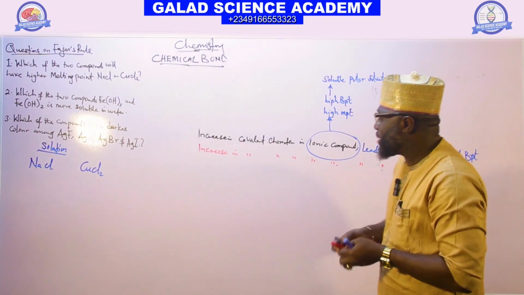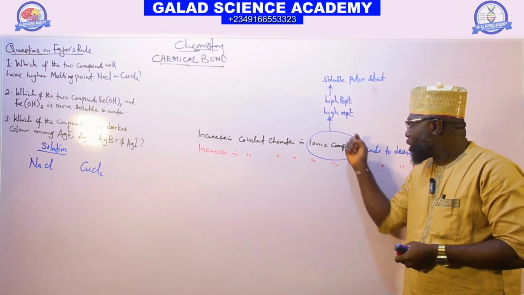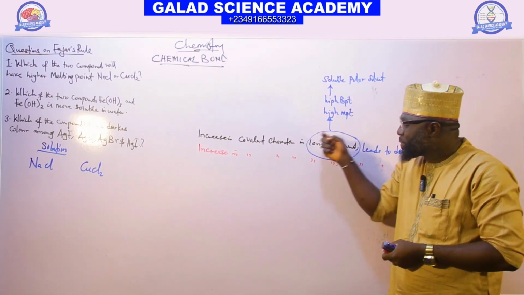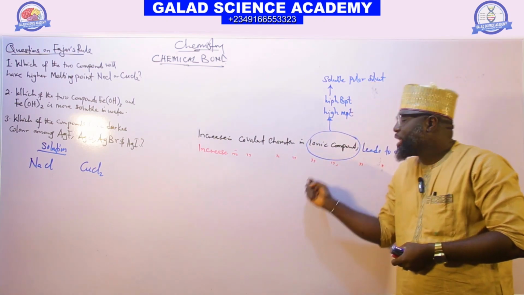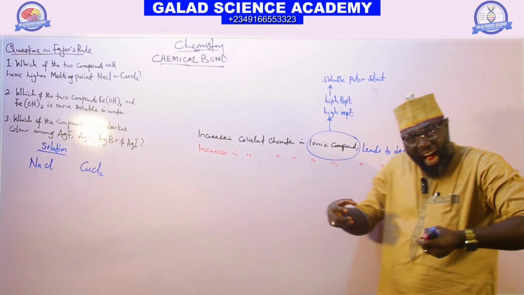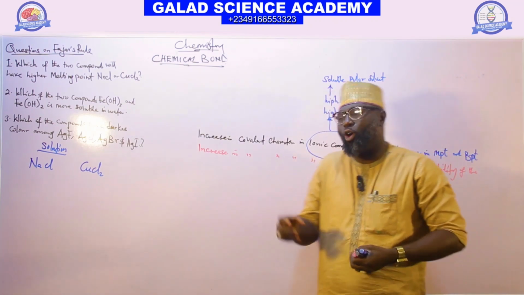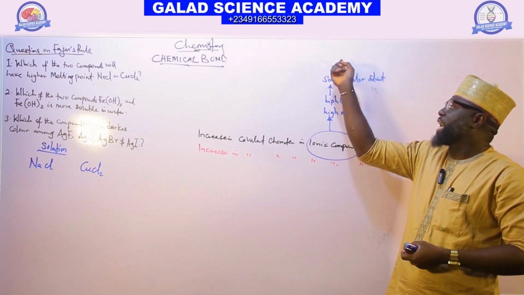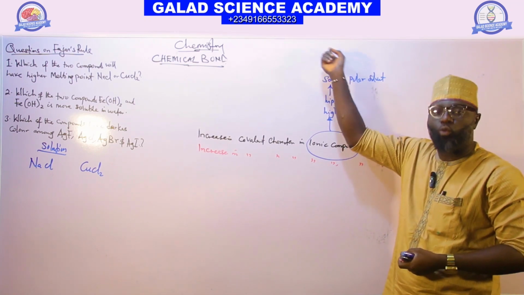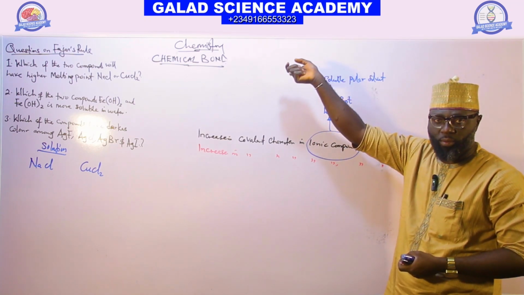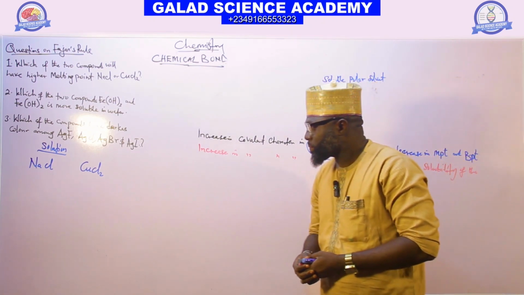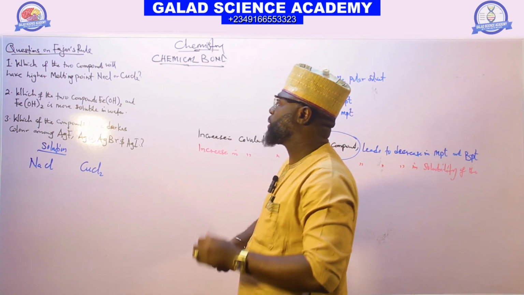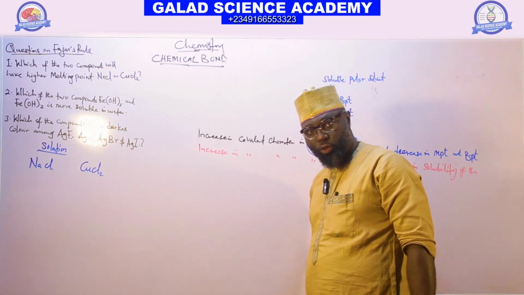So when the ionic compound experiences a higher degree of covalent character, it will reduce the ionic behavior of the ionic compound. As a result of that, the solubility will reduce. The solubility will reduce.